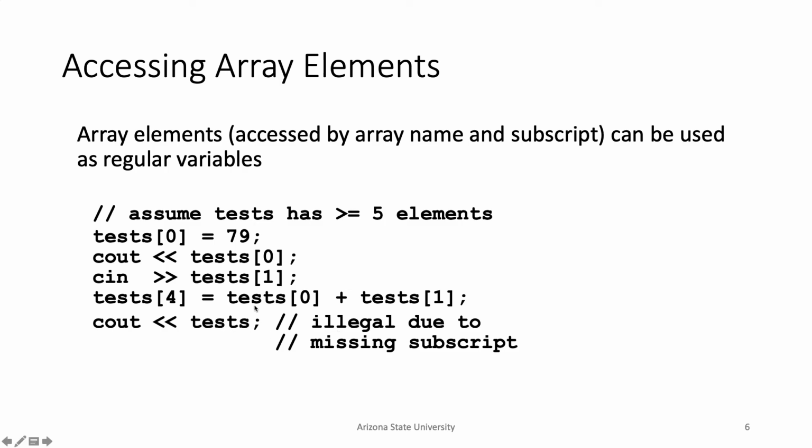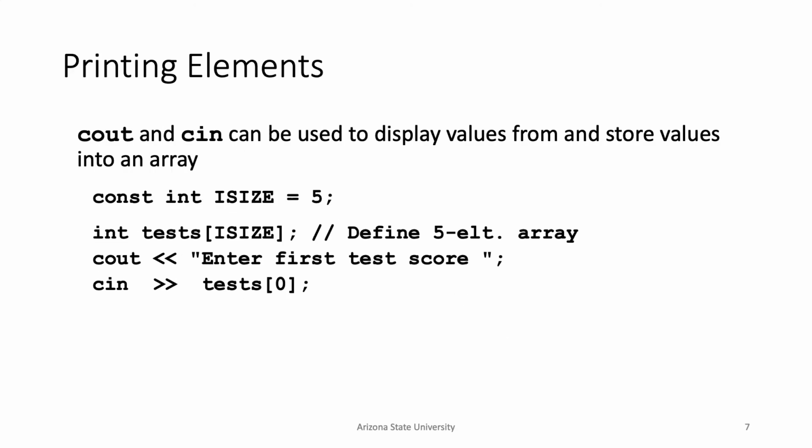And the 0s, 1s, and 4s are just telling you how far away from that address to go to find the value you want. So if you try to print tests here, it'll print some long random number, which will be the actual address of where tests is. So if you wanted to print the array, you'll have to do something different than that.